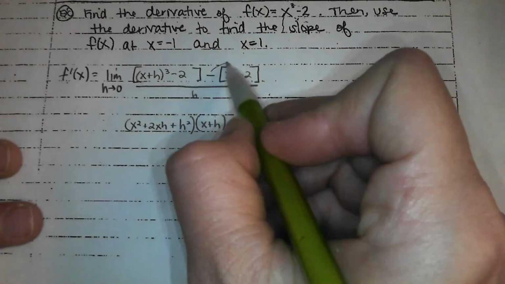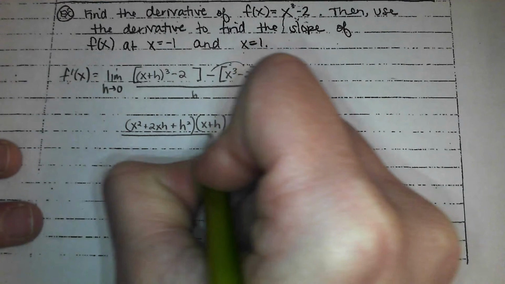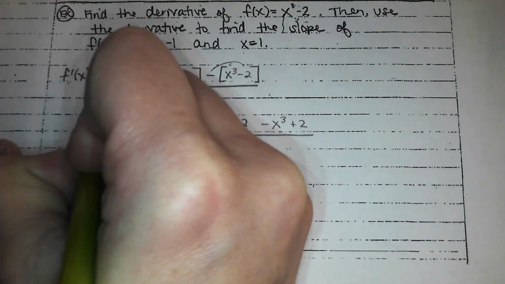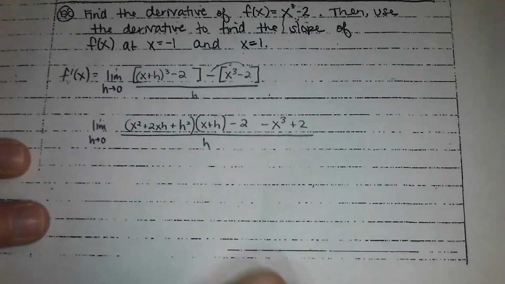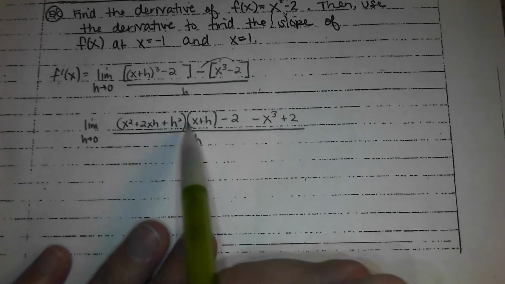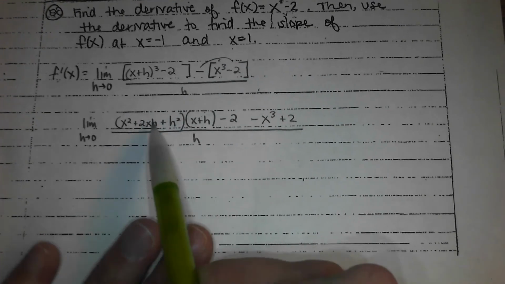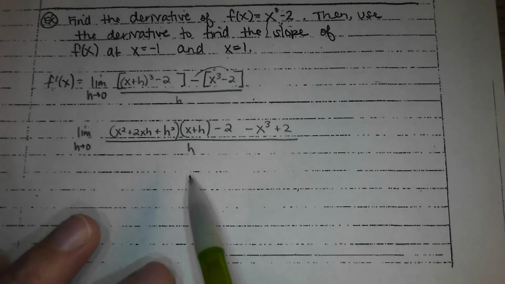I can distribute the negative if I want right now. Minus x cubed plus 2. Here's what I want to definitely discourage you from. Even though our focus really for the moment is in cubing the x plus h, don't write half of the problem down.